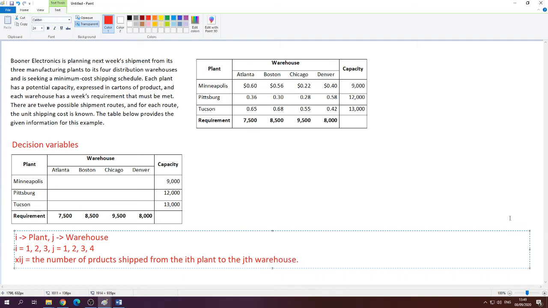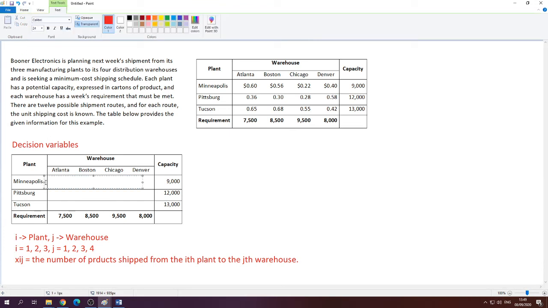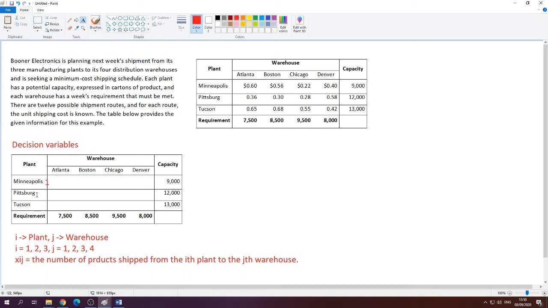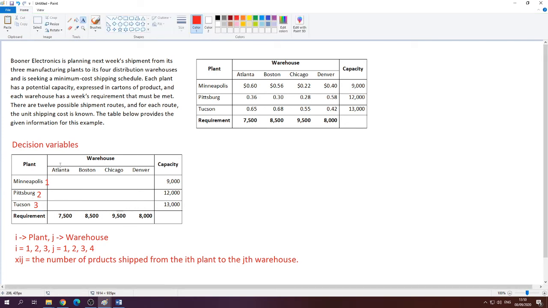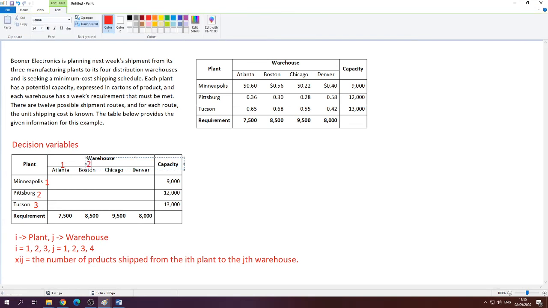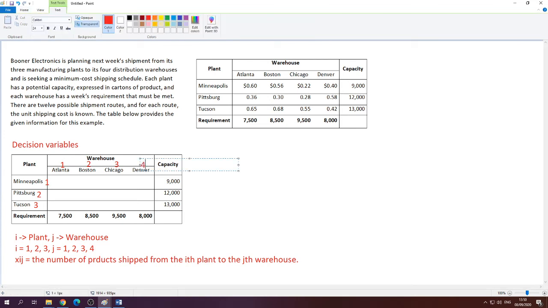Now if I label Minneapolis as i equal 1, Pittsburgh as i equal 2, and Tucson as i equal 3, Atlanta will be j equal 1, the warehouse in Boston j equal 2, Chicago j equal 3, and the warehouse in Denver j equal 4.